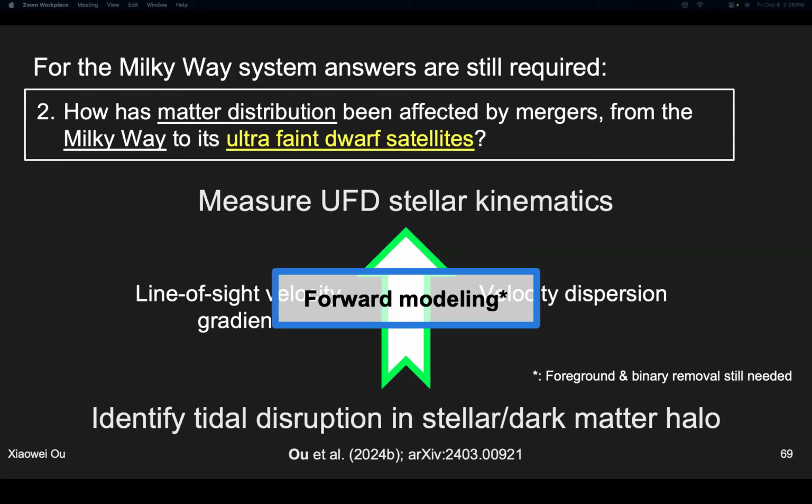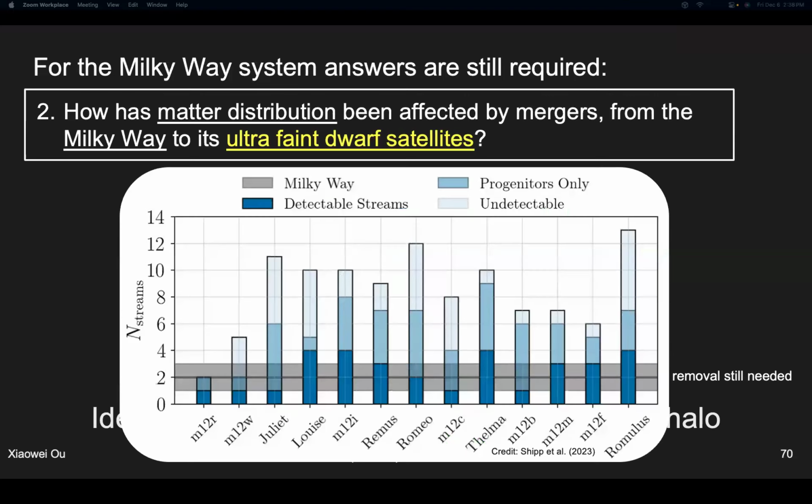Now, this is not the only study where people have implemented such a methodology. Nora Sheep, together also with Nan here, have done these searches with simulation data, where they look at observations of similar depth as, for example, BES.